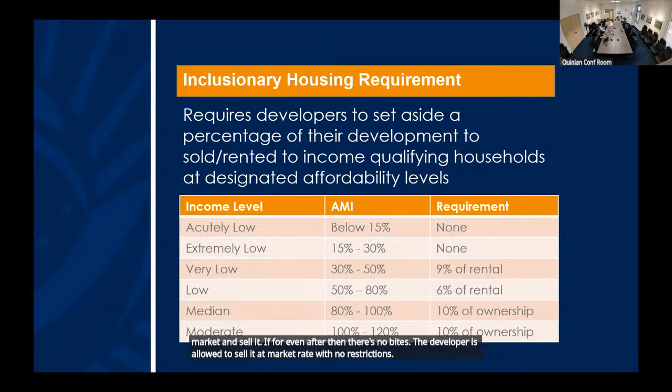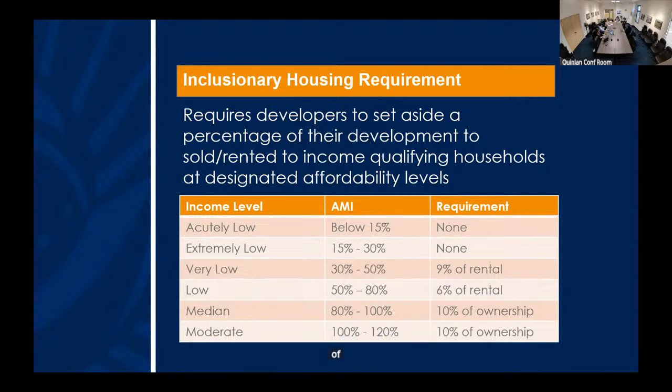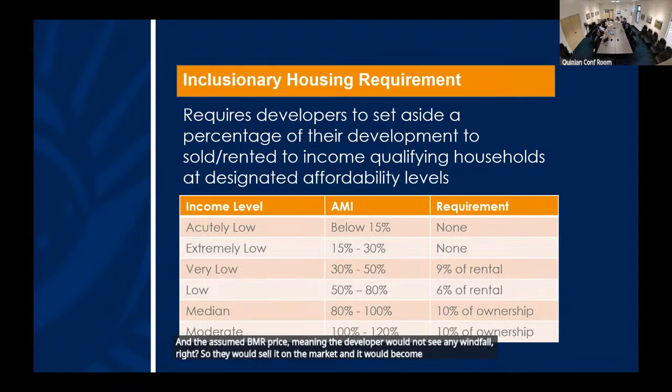However, the city will get the proceeds of the sale, the difference between that market rate price and the assumed BMR price, meaning the developer would not see any windfall, right? So they would sell it on the market and it would become an unrestricted unit, but the city would get the proceeds of that.